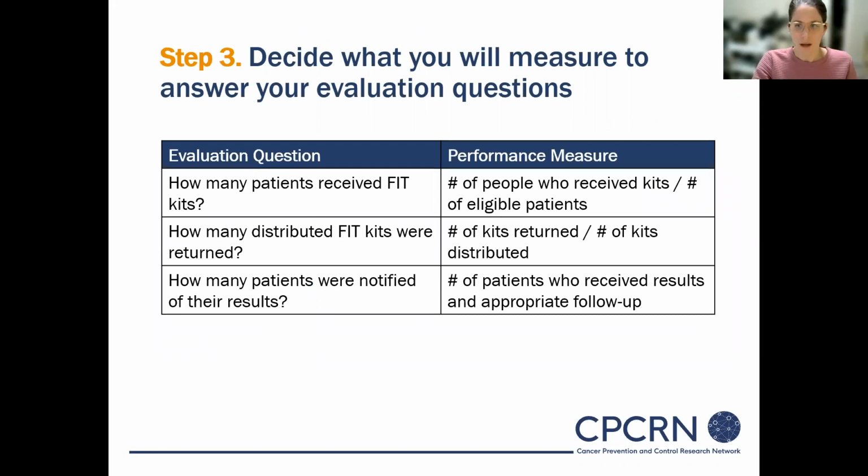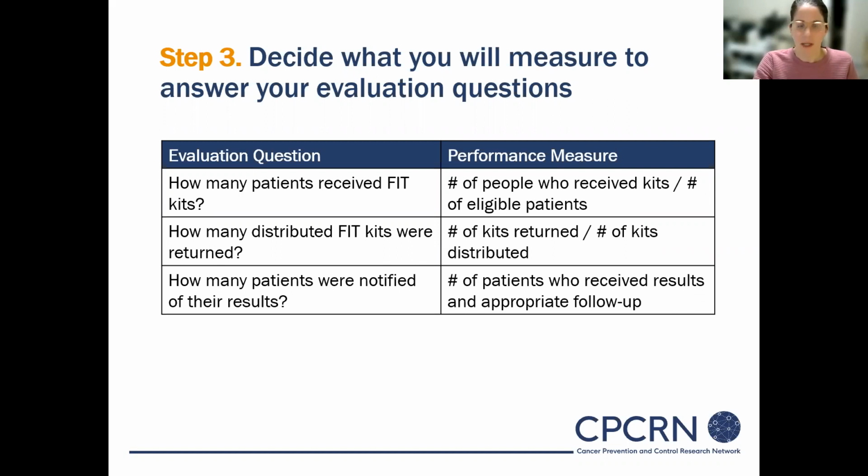So the third step, you'll want to start thinking about what you will measure to answer each of these questions that you wrote in step 2. So here again, I have some examples in my table. So for the first activity, for the first question, how many patients receive fit kits?